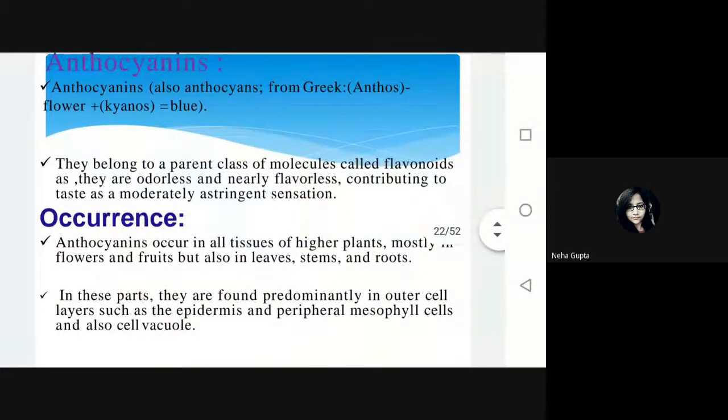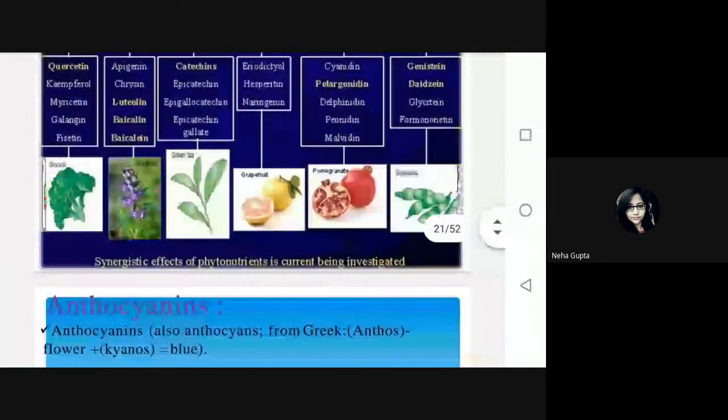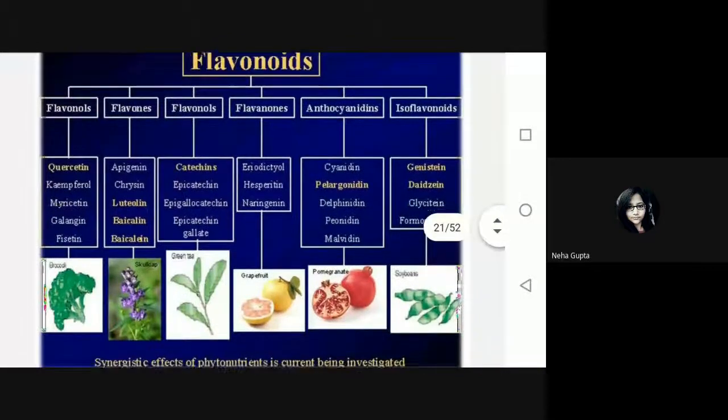So anthocyanins. This particular pigment is present in those vegetables and fruits which are usually dark blue or violet in color, and again they belong to the class of molecules called flavonoids. You see here, anthocyanidins or anthocyanins.